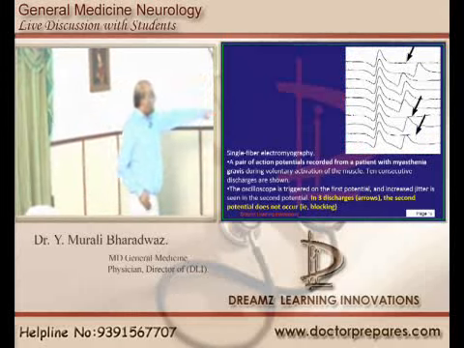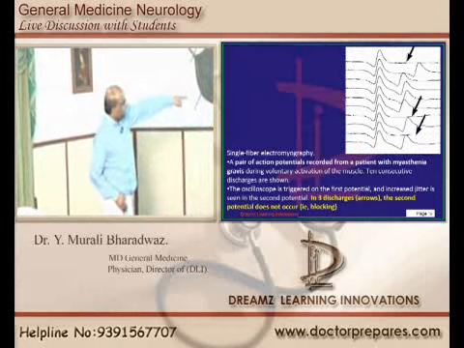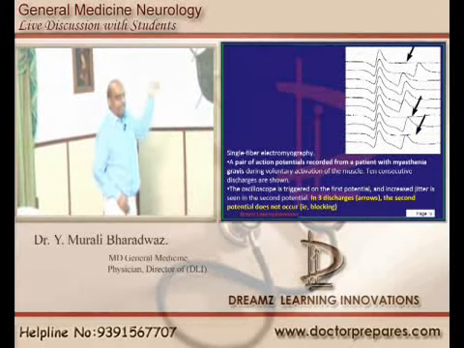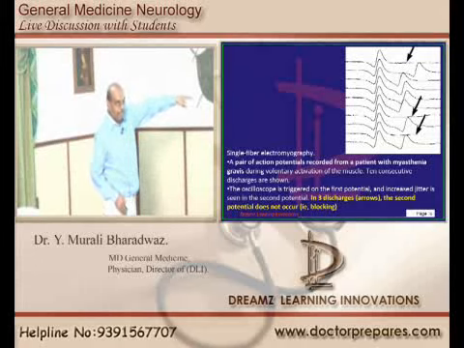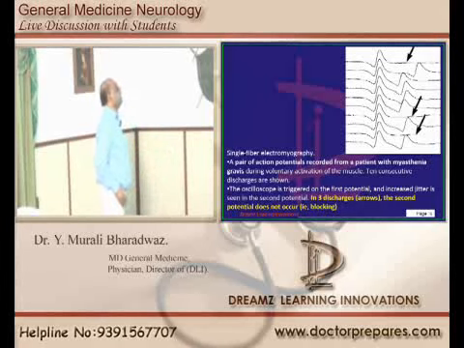So you can see at these three places that the repeated nerve stimulation is not causing a muscle potential. The muscle's action potential is blocked, which is basically demonstrated.